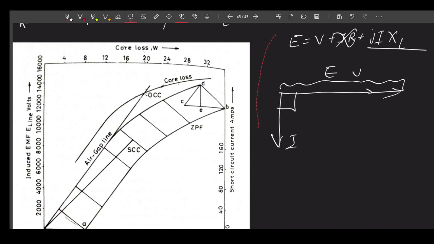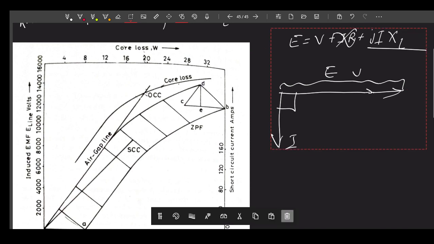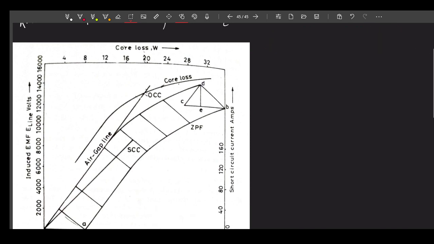So it is very clear that whether it is your SCC or your ZPF, if you disregard the armature resistance, E and V are two collinear phasors, and the armature current is lagging that same phasor by an angle of 90 degrees.